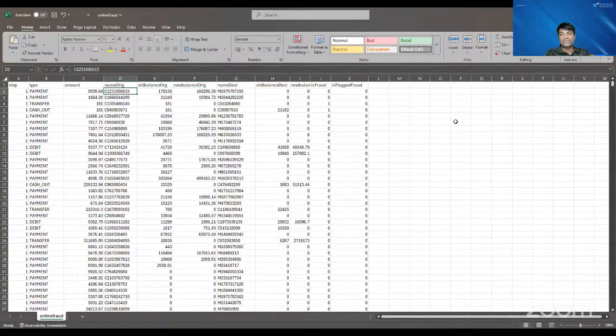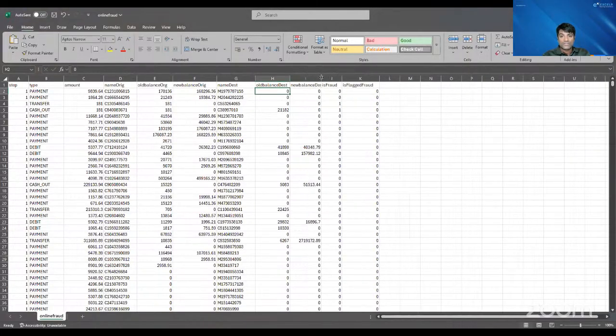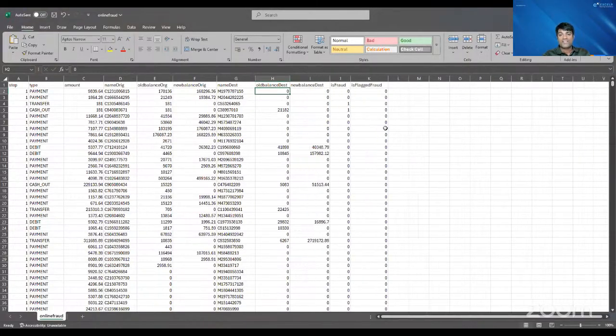This is the person who is sending the amount, and this is the person who is taking the amount. Now the next thing is the old balance in the destination, that means the person who is actually taking the amount. In that person's account, what is the old balance?